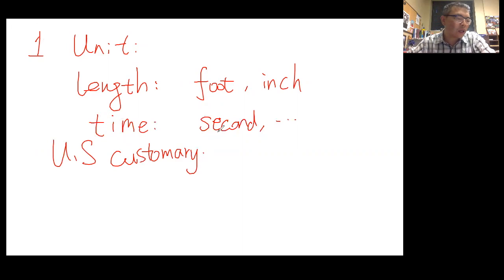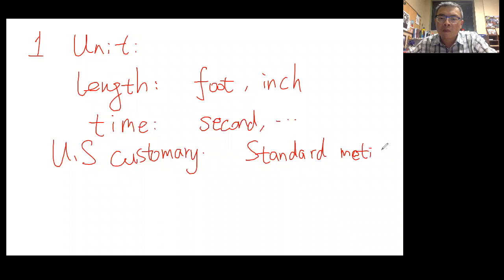The other one is called standard metric. For example, in US, we use foot and inches for length. Well, in the standard metric, they use meter and centimeter, et cetera, okay?